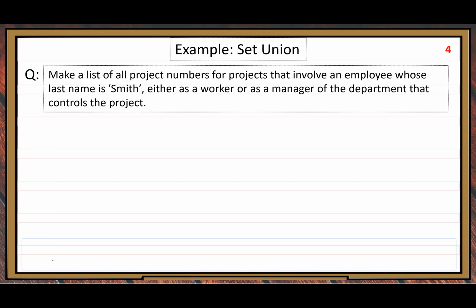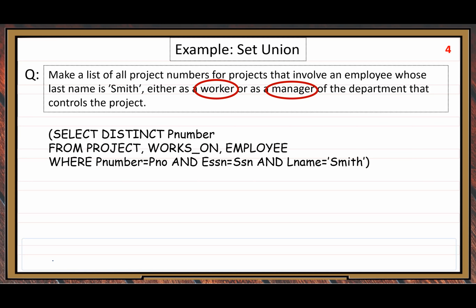The second part, we need to put in the manager information. So let's do 2 different cases. The first case: select distinct P number, because we want different project numbers. From project, works on, and employee, a 3 table join.